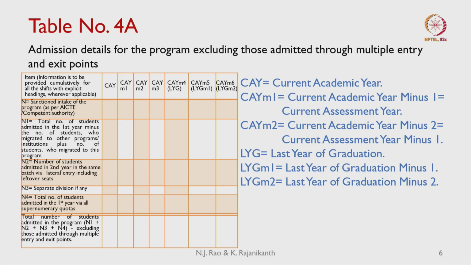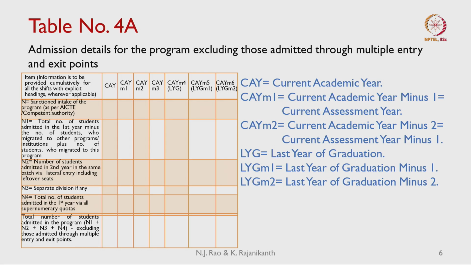Some institutes and some states do have regulations which permit students to be admitted in second year not only through lateral entry, but if there are vacancies arising from the first year's admissions being less than the sanctioned intake, you can fill up those vacancies also. Some regulations permit that.